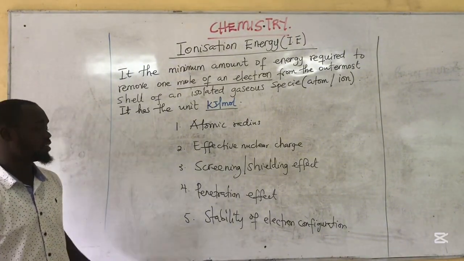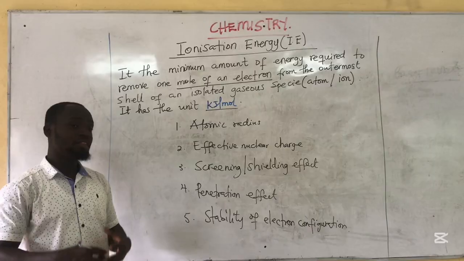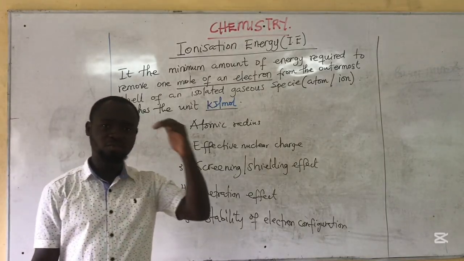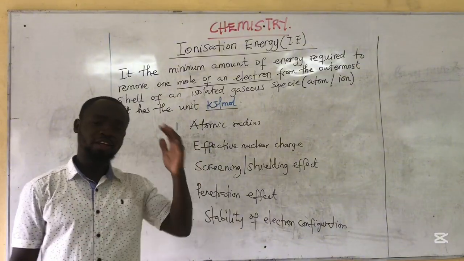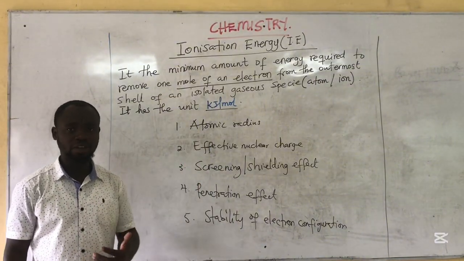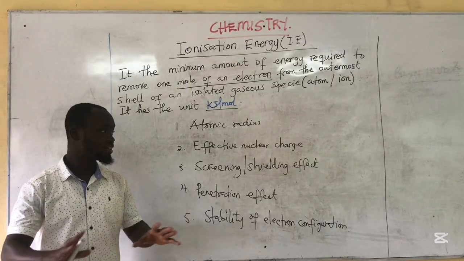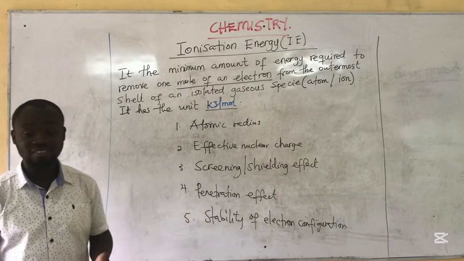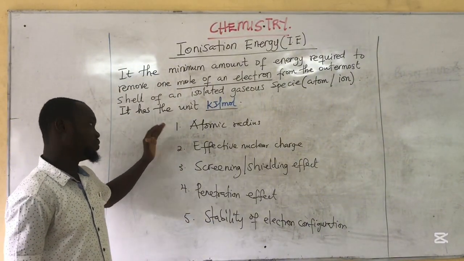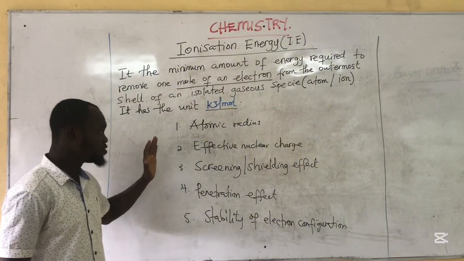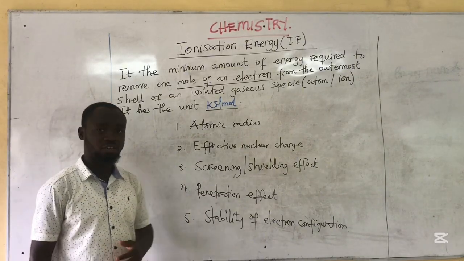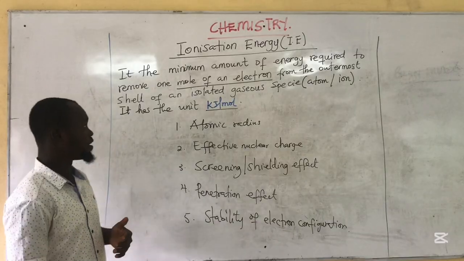All these factors can influence the energy that is required to remove an electron from an atom, starting from the valence shell or the outermost shell of that atom or that ion. That is the basic ideology of ionization energy.